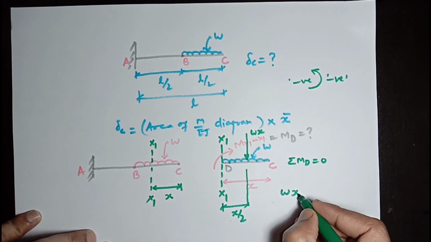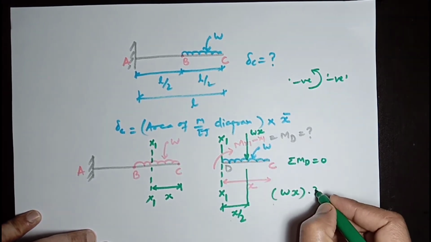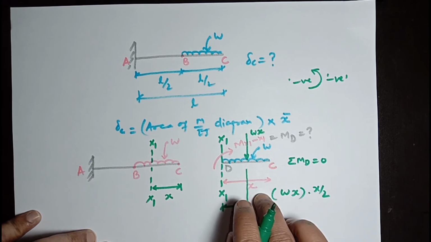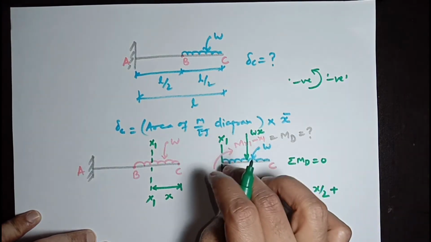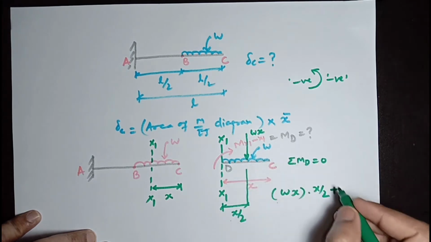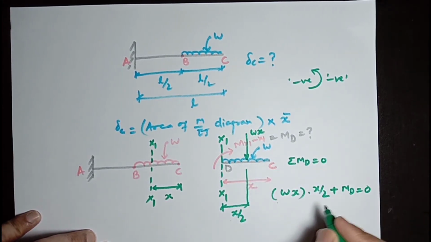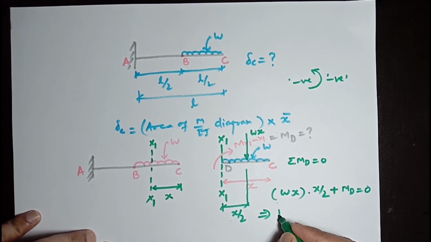So Wx is the total load multiplied with the distance x by 2. Since it is clockwise, we are taking it positive, plus this moment Mx1, or you can say MD, will give the total moment about point D, which will be 0. So we can write here MD will be minus Wx square divided by 2.